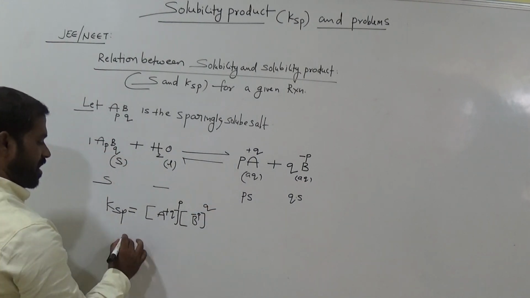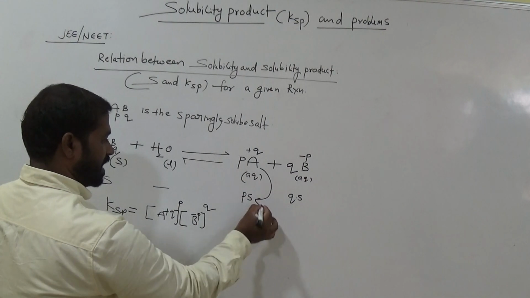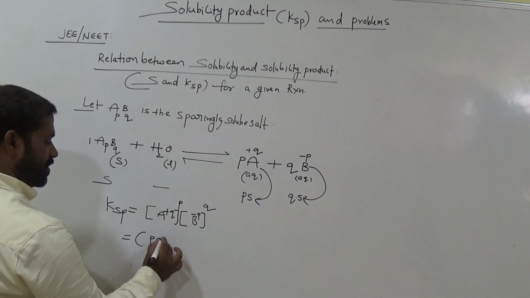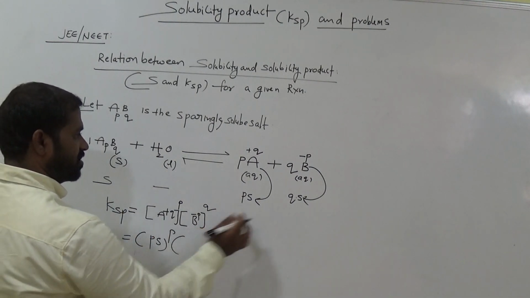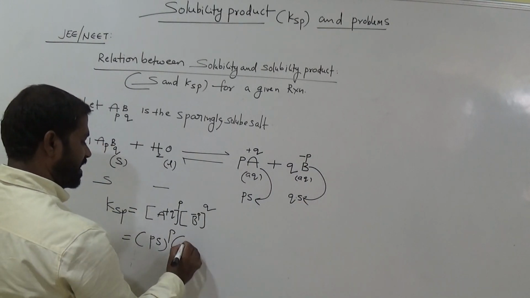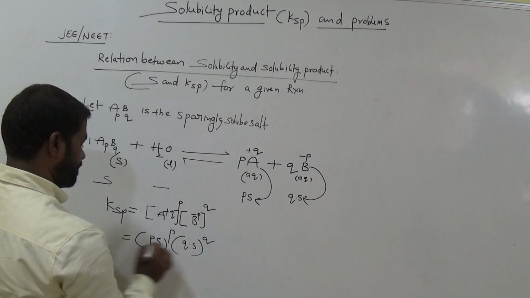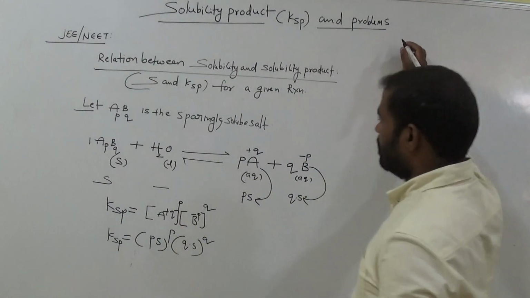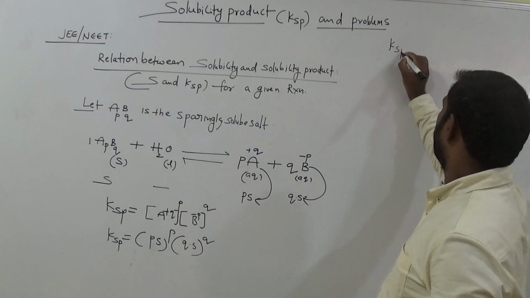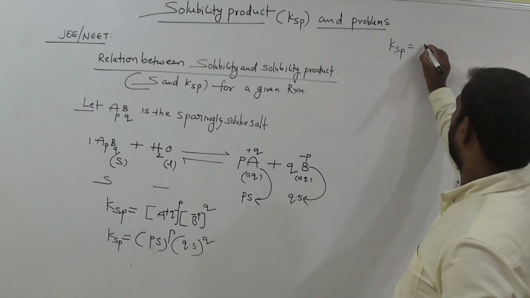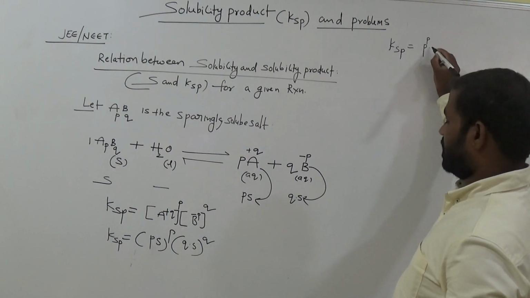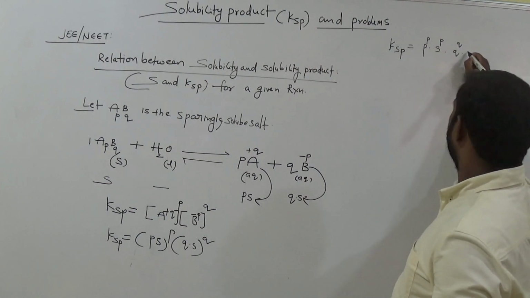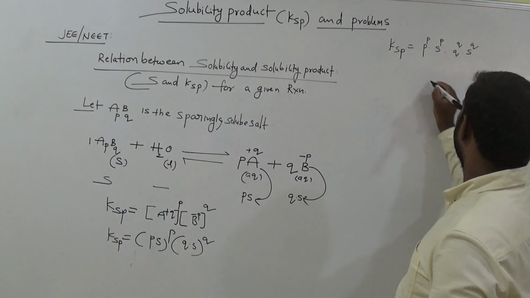Okay, clear? Now what is the value of A plus Q at equilibrium? P into S whole power P. What about B minus? That is Q into S whole power Q. So Ksp is equal to P power P into S power P, and Q power Q and S power Q, am I right?